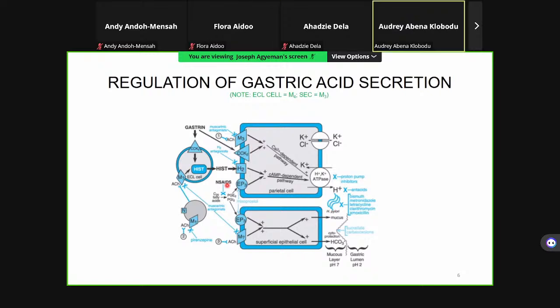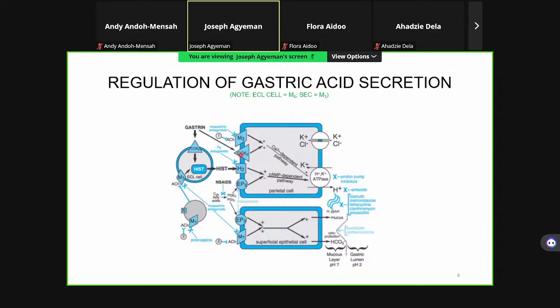Okay, so what I'm saying is that gastrin has CCK2 receptors on both the ECL and the parietal cells, as you can see. This is the parietal cell. You can see CCK2 receptor on it. You can also see CCK2 receptor on the ECL.